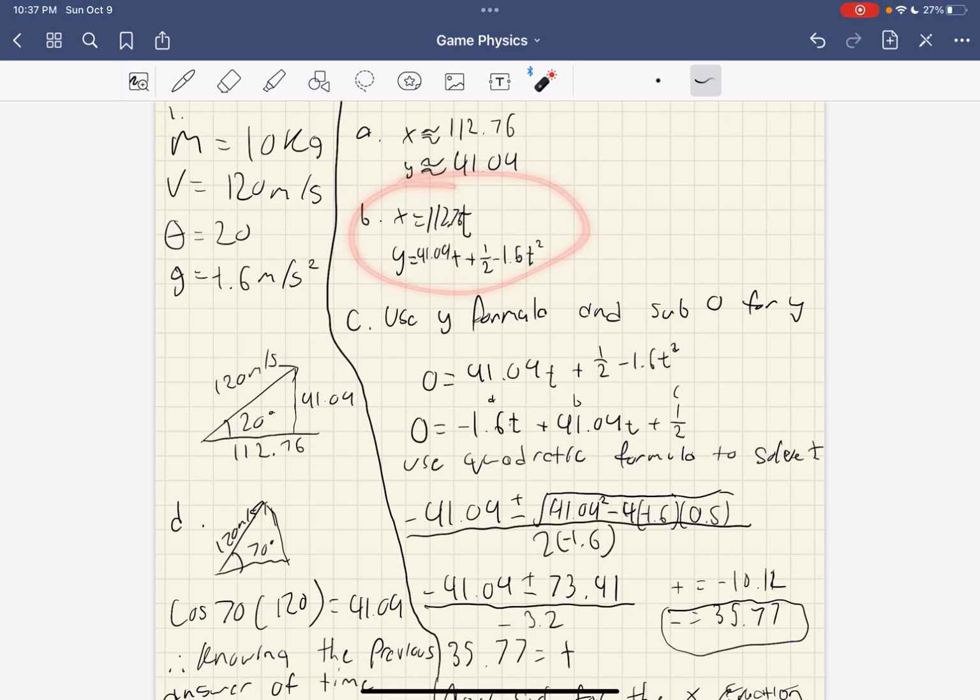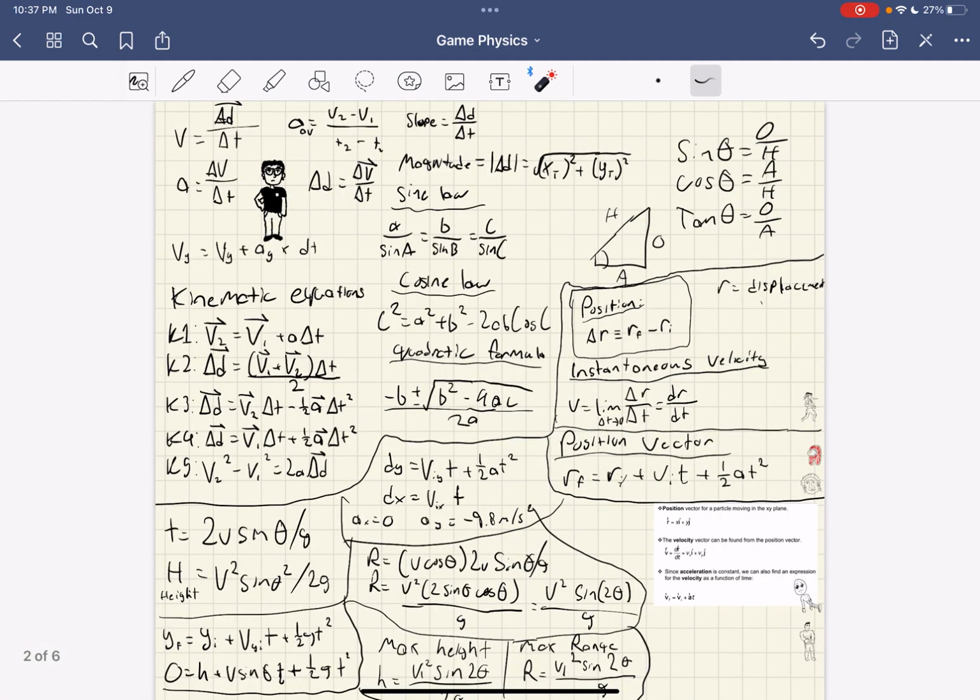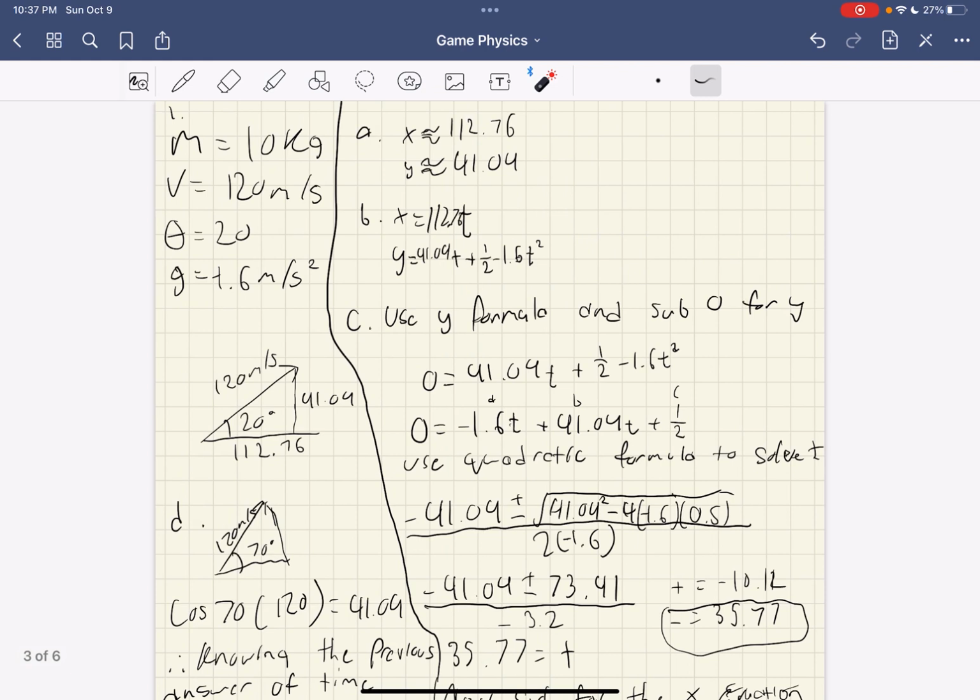It's just a mix of the third kinematic equation, which is, actually it's the fourth one, it's this one here. And I have the version of it that's modified, so the y stays the same as the original kinematic equation, but the x doesn't have acceleration because the acceleration is 0 on x.